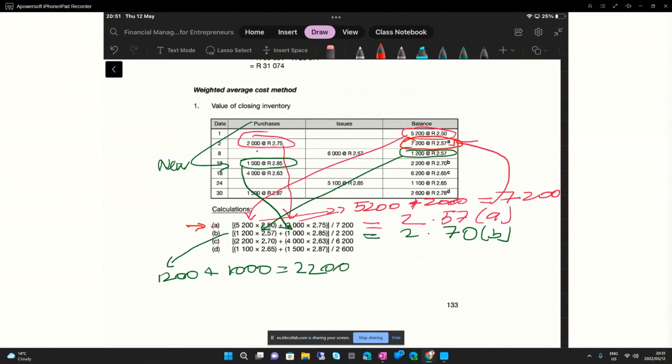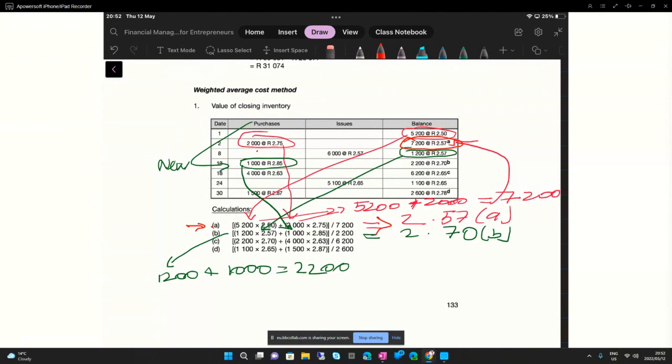So basically, we take the 5,000 at 2.5 and the 2,000 at 2.75, divided by the number of units. 5,000 plus 2,000 is equal to 7,000. And this is how you get the weighted average.